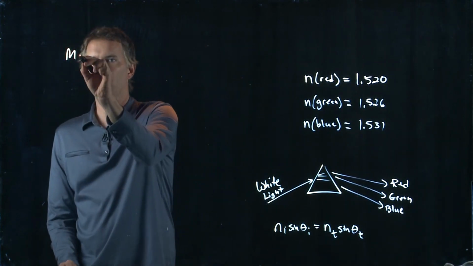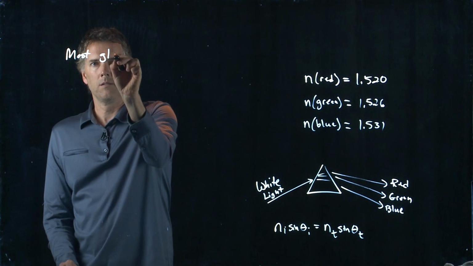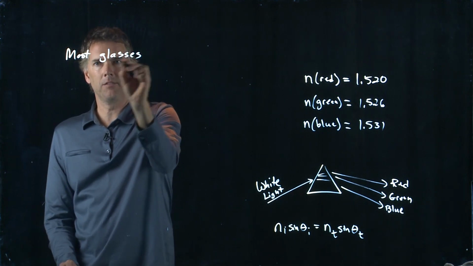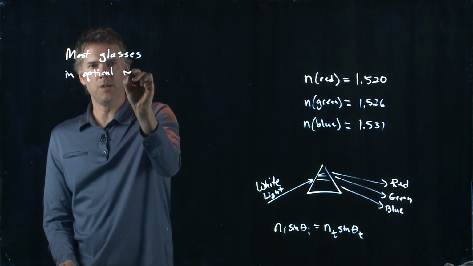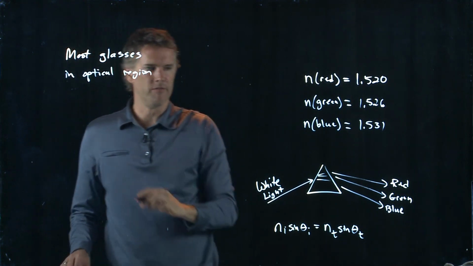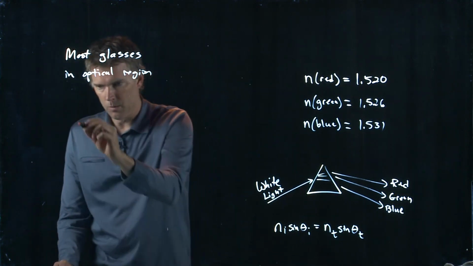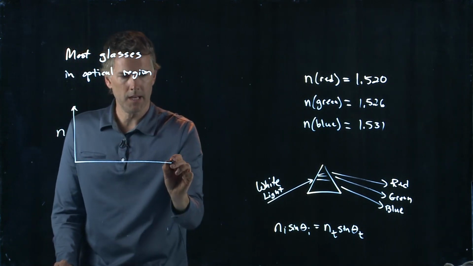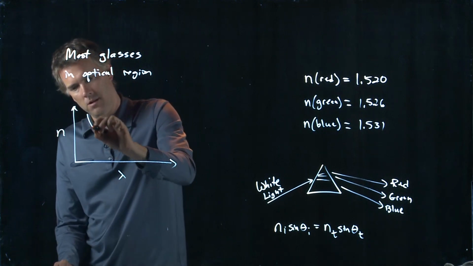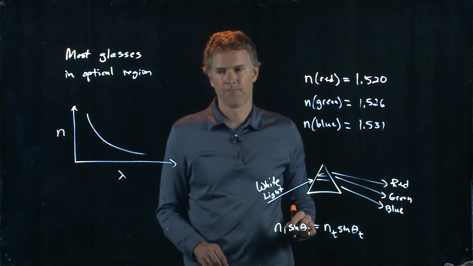For almost all different types of glass in the optical region, the visible portion of the spectrum, we've got an N that decreases with wavelength.